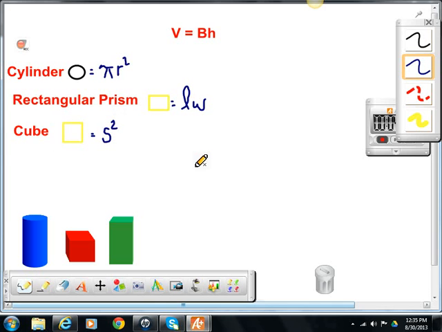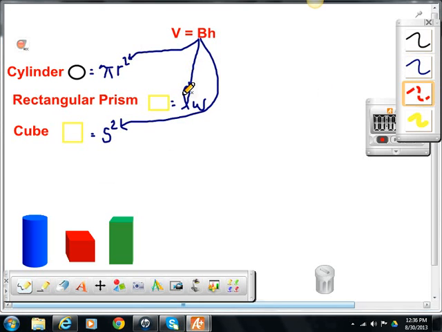All right, so what have we done? For each of these problems, we have given the area of the base. So we need one more piece here. We need the height. We've got to give this thing some height.